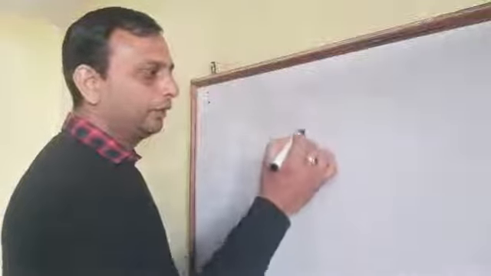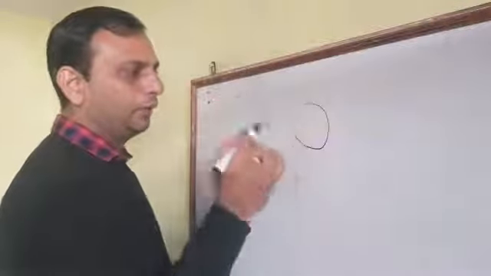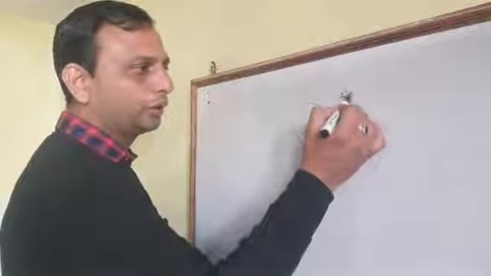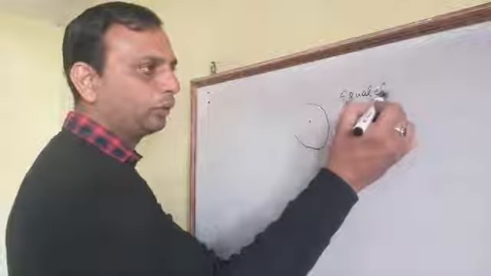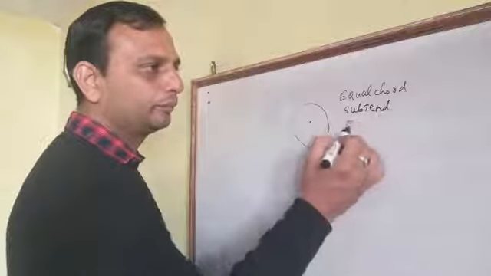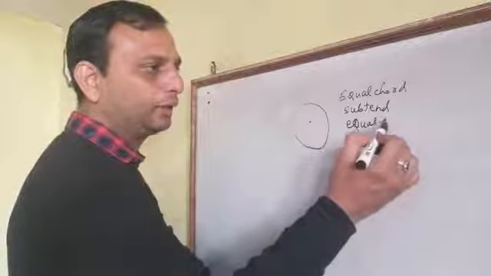Suppose this is a circle, and this theorem says that if chords are equal, they subtend equal angles at the center.